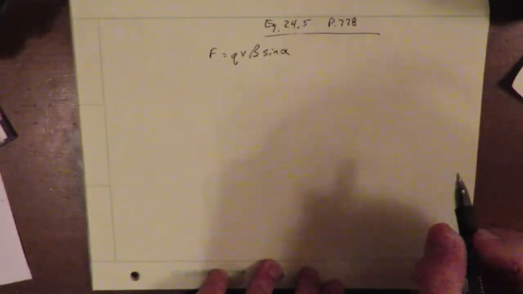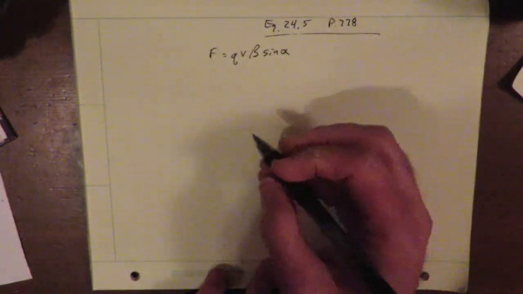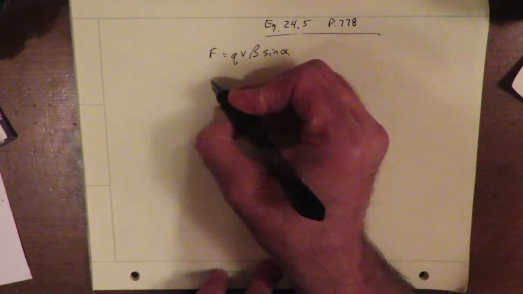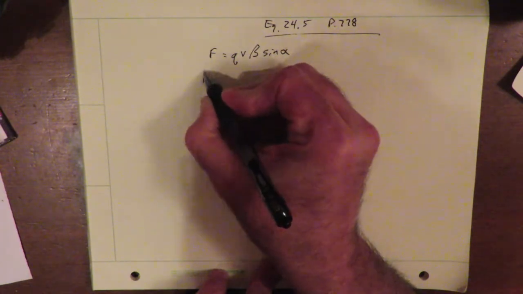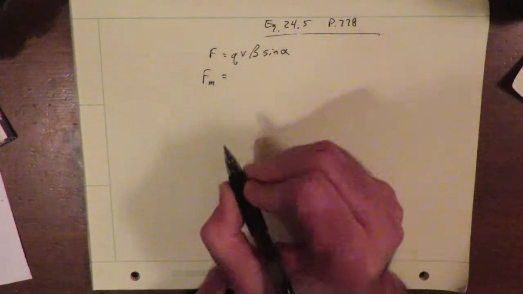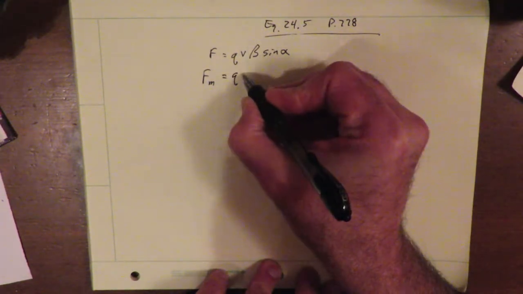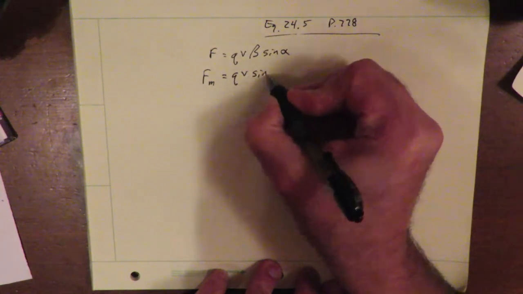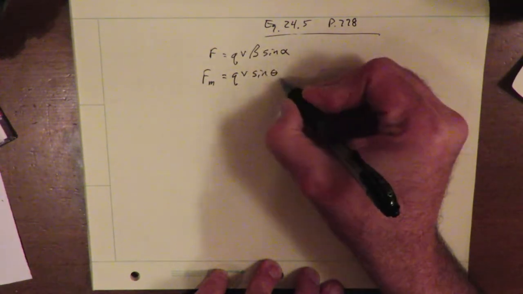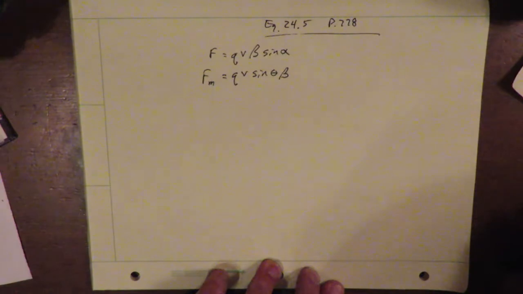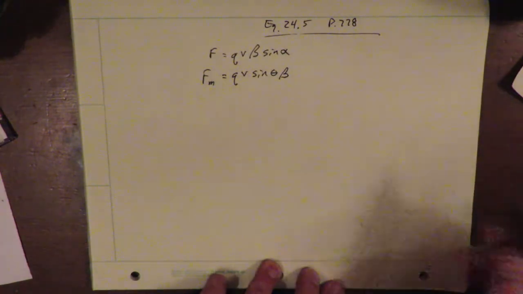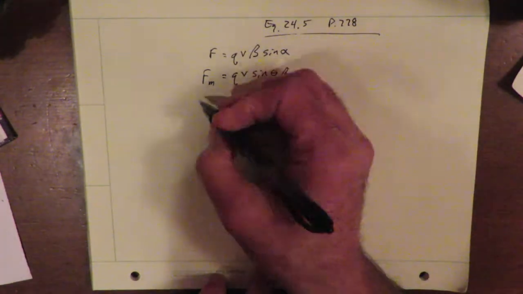AP, which is the one that we prefer, goes with F of m, that's the force applied by the magnetic field, is Q V sine theta B. Now what do all these mean? And you'll see the parallels between them.